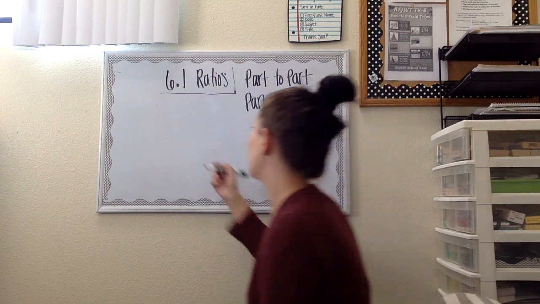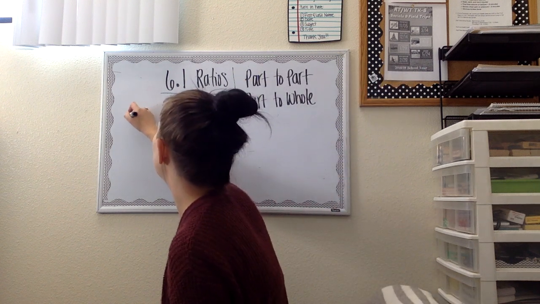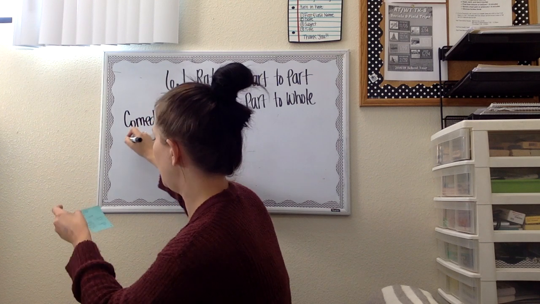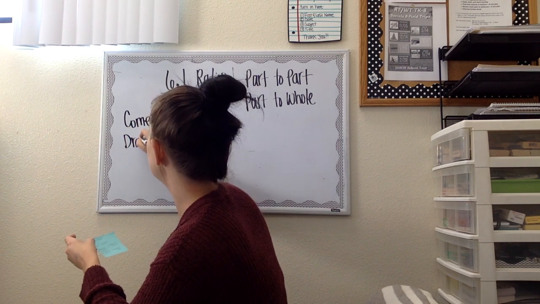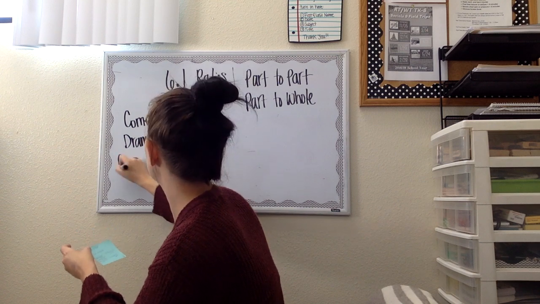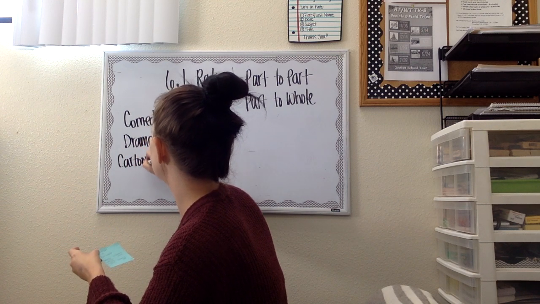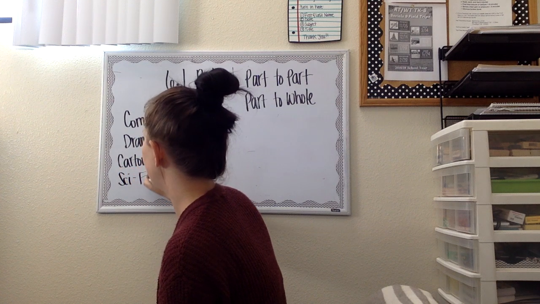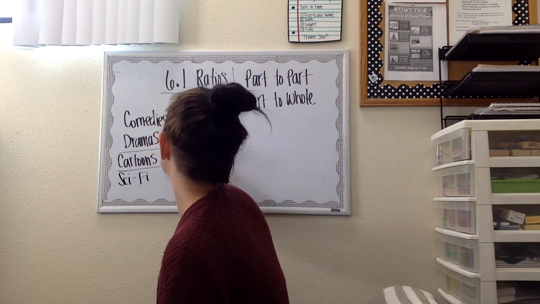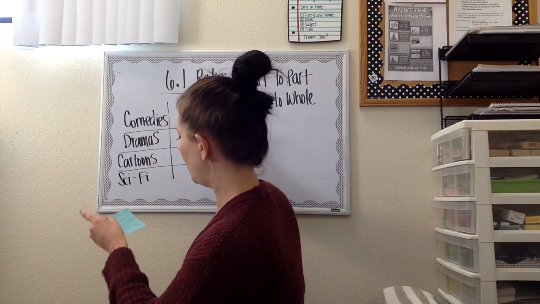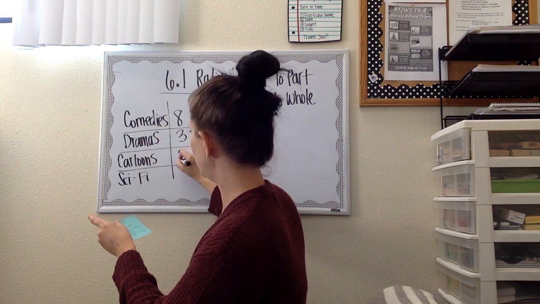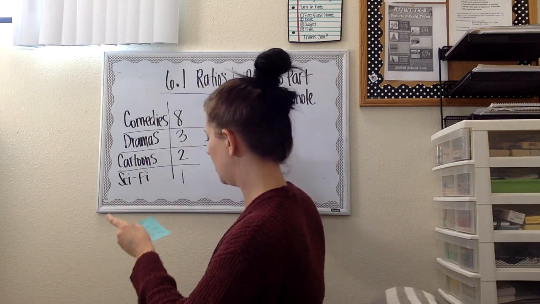So please write with me. We're going to write a little table. So we're going to pretend we have a bunch of movies. We have comedies, we have dramas, we have cartoons. I guess that could be a movie. And we have science fiction. I'm going to write sci-fi. Okay, we have 8 comedies, 3 dramas, 2 cartoons, and 1 science fiction.